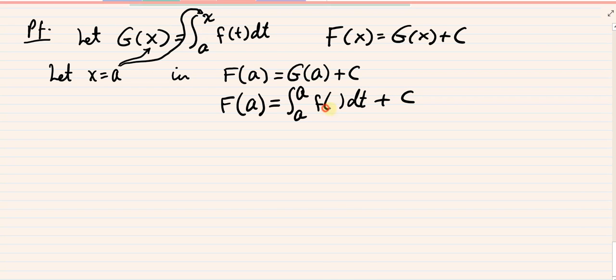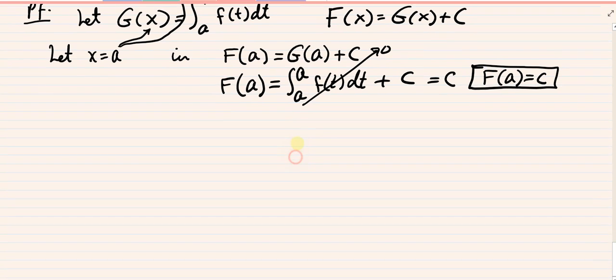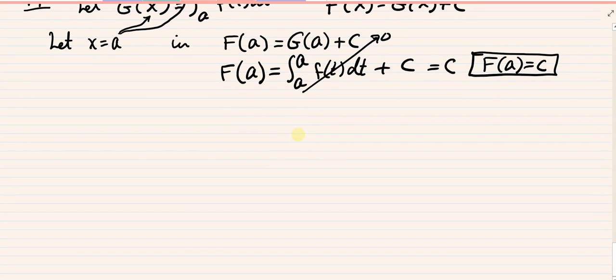But if the lower and upper limits of the integral are the same, the whole definite integral will be 0. So f at a is the constant. We established the constant is f at a.